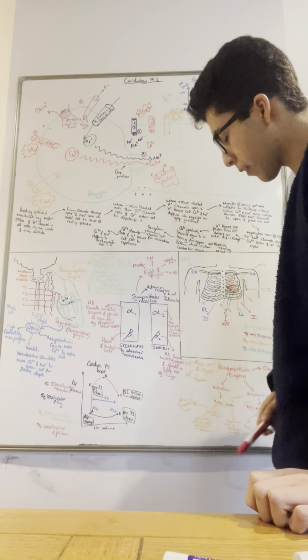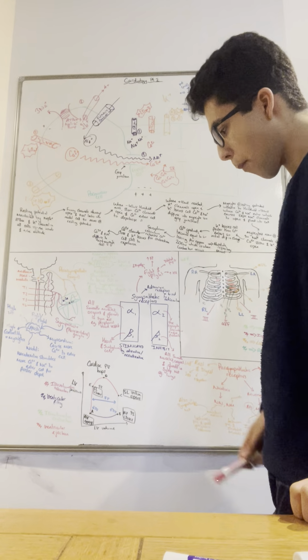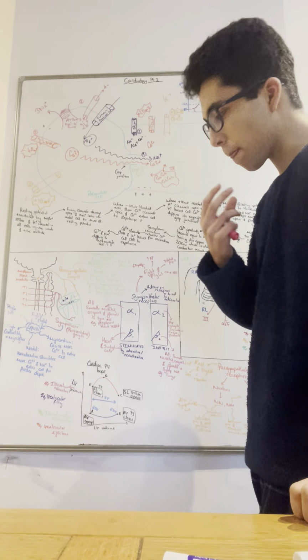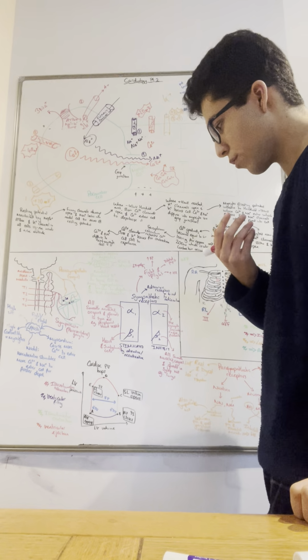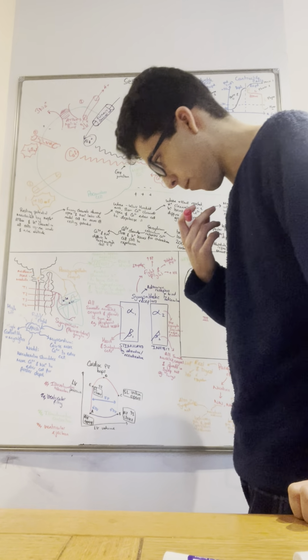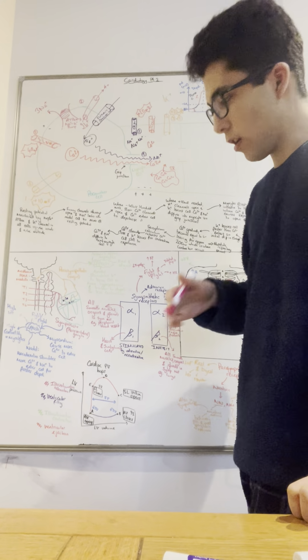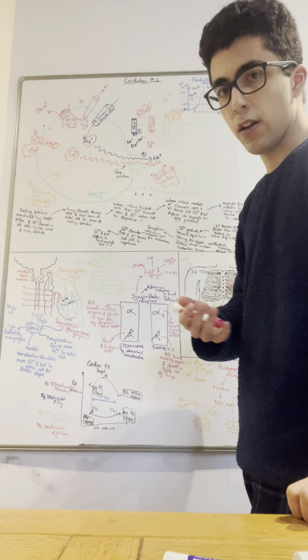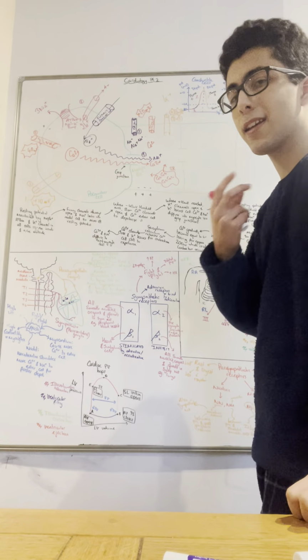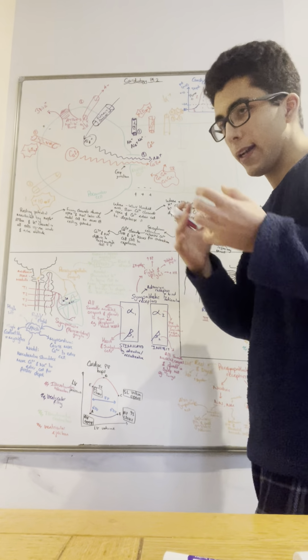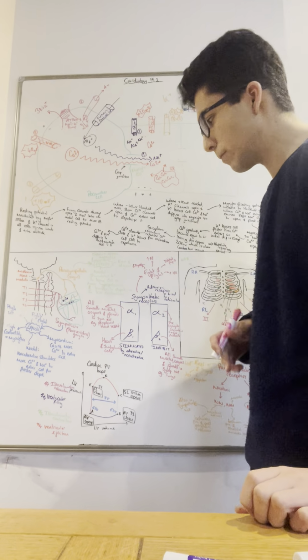So, our beta 1 receptors. They're found in our heart and in the juxtaglomerular sort of cells. Okay, so that's the juxtaglomerular sort of bit. That's associated with the kidney and the renin angiotensin mechanism, which I'm not going to cover now.